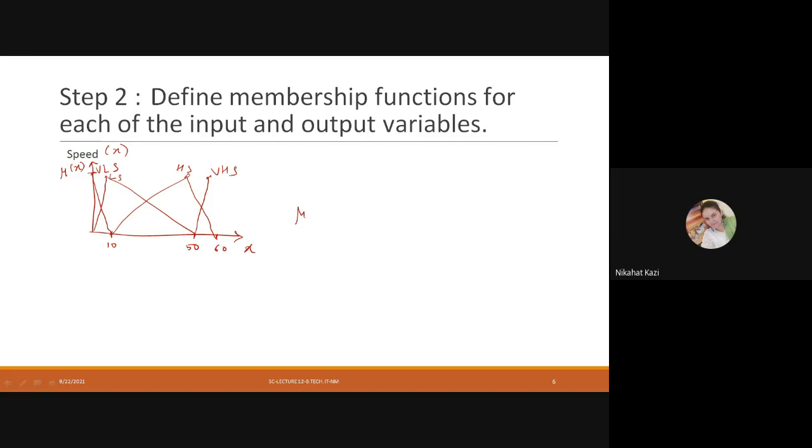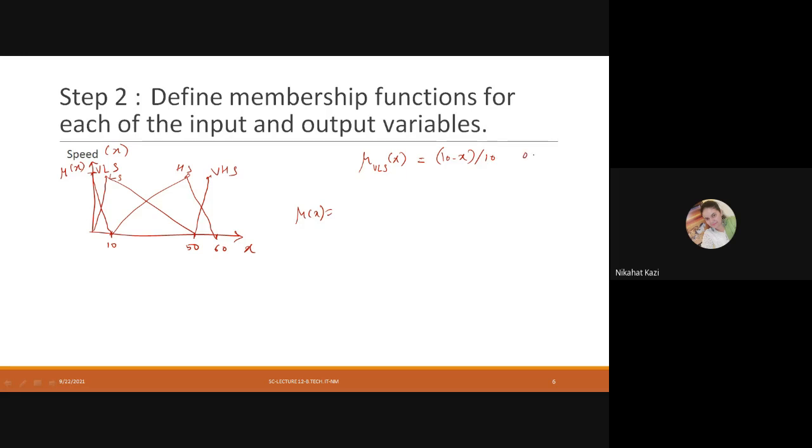So mu of x is nothing but, what is the first function? Decreasing function. That is 10 minus x divided by 10, right?